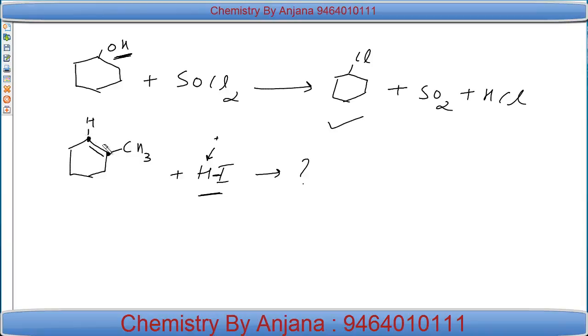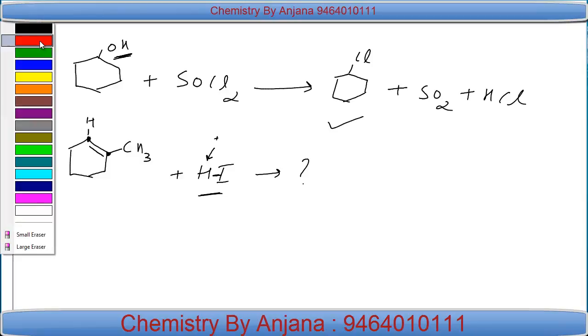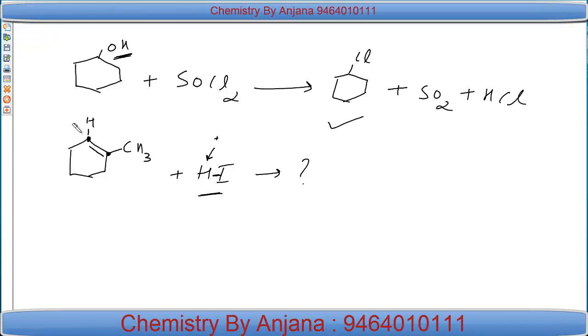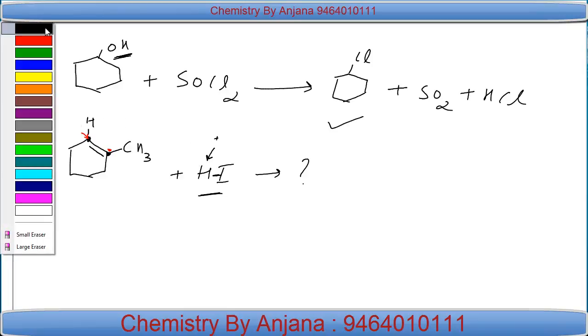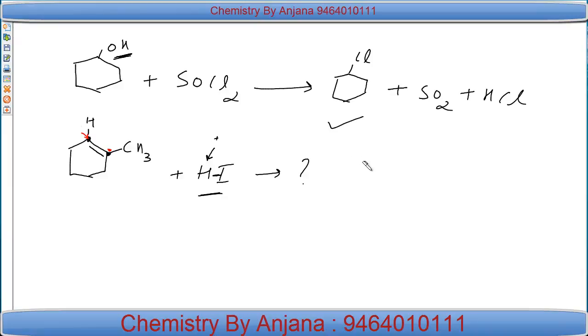So if we compare these two carbons, this carbon which I am now indicating with red color, this carbon is rich in hydrogen. It consists of 1 hydrogen, whereas this carbon is having no hydrogen. So this carbon rich in hydrogen will get another hydrogen, which becomes richer की वजह से, and what will be the product? Let's see.